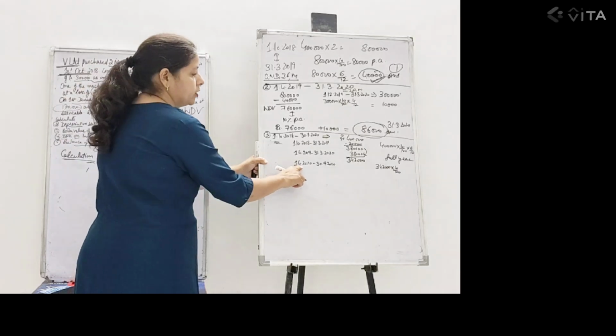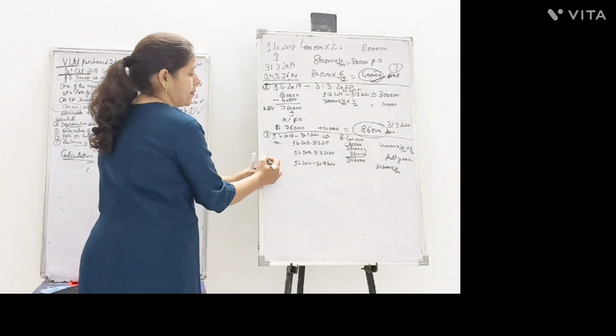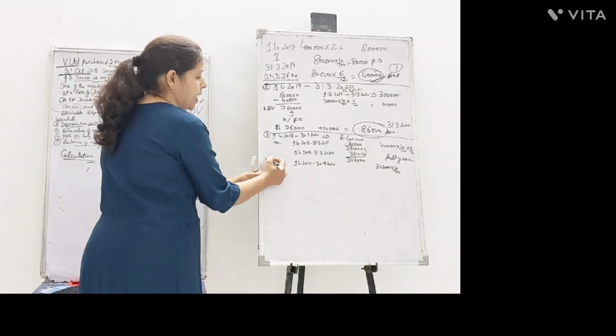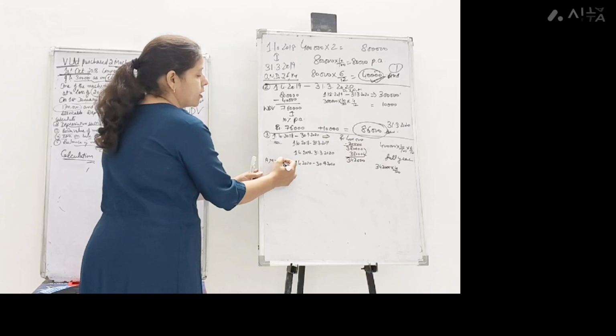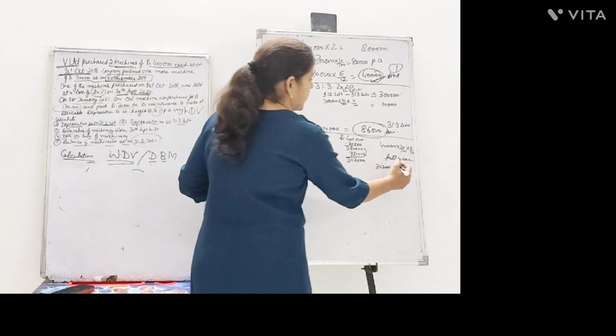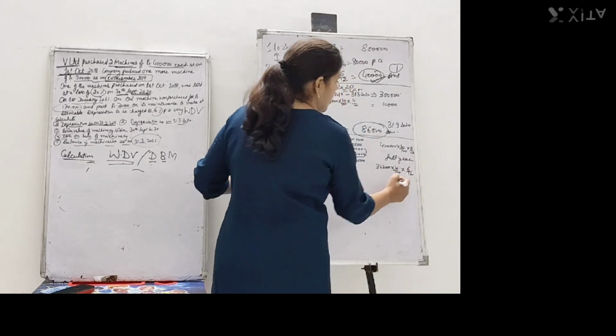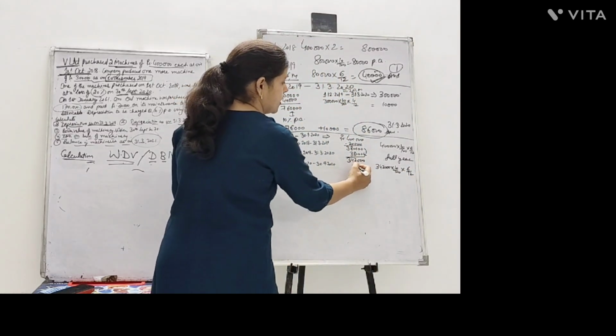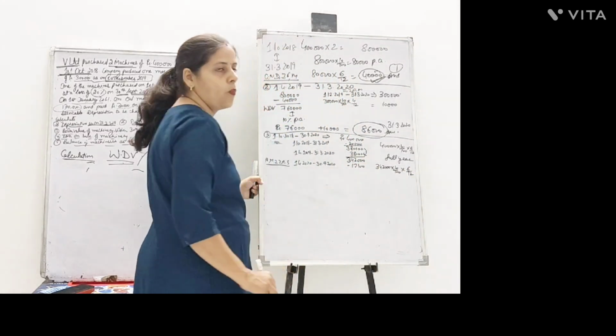So, from 1st of April to 30th September. April, then we have May, June, July, August, September. How many months are there? 6 months. So 6 divided by 12. What is the value of depreciation? 17,100.